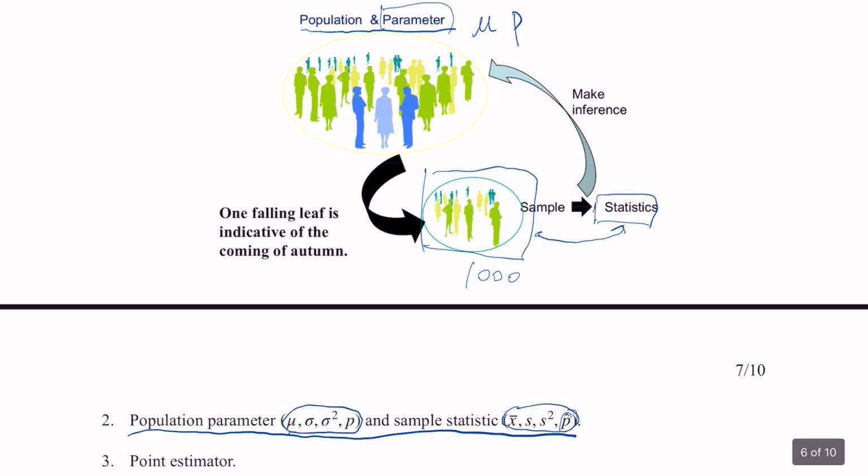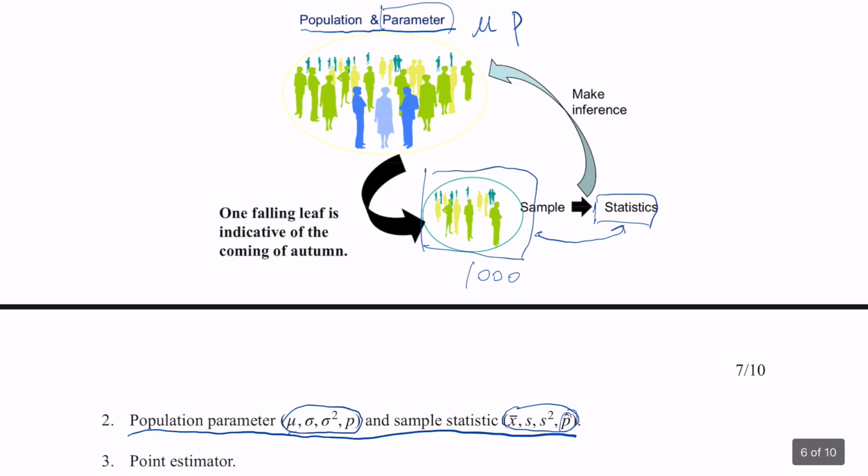And also why are characters so important? It is because we only know about sample statistics, right? This is the thing we know. But we don't know about population parameters. We can only guess population parameters.